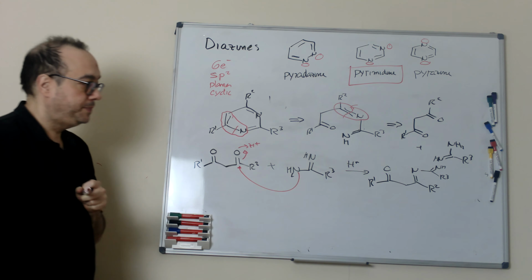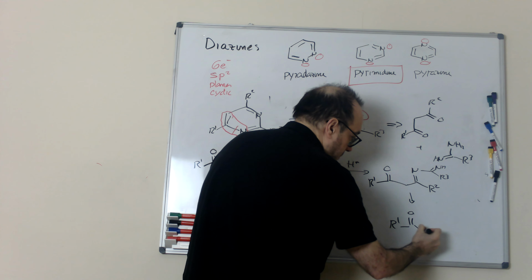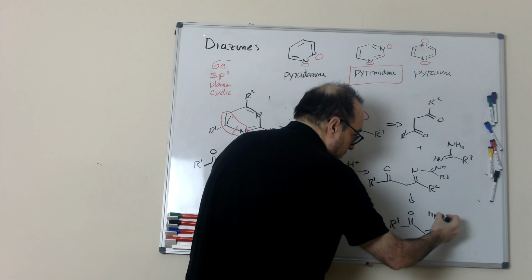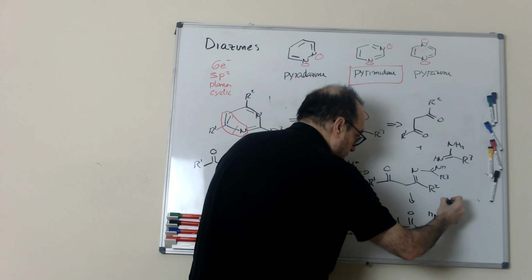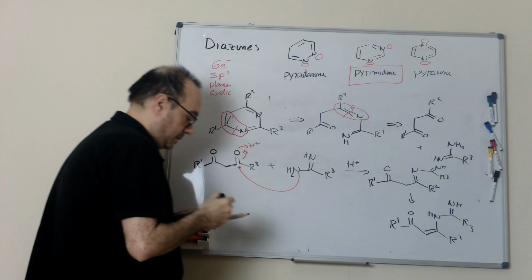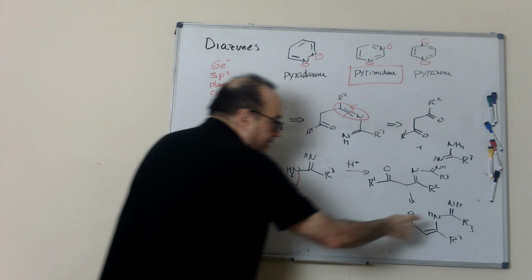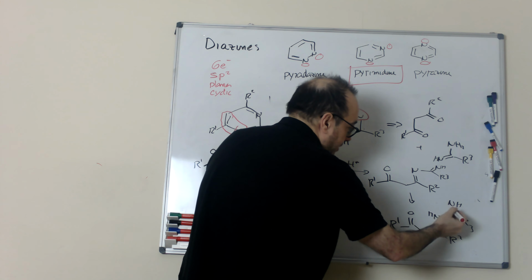When we have the imine, what we can do is isomerize imine to enamine, and then isomerize this compound. Basically what I do is put the double bond here. I am doing a tautomerization in this compound.